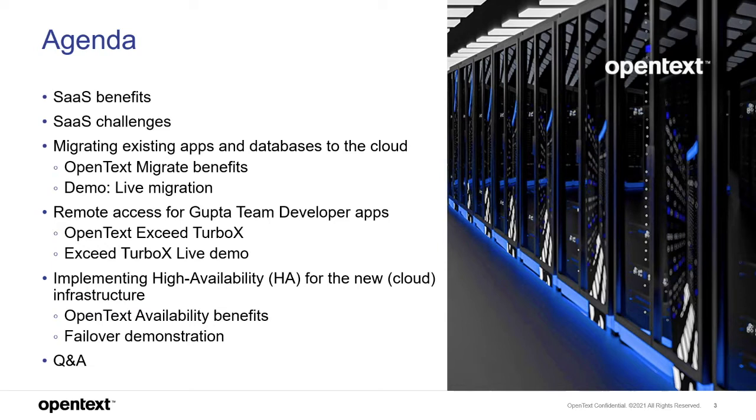Then we will move to remote access for Gupta Team Developer applications using OpenText Exceed TurboX, including a live demo again. And the third part of this webinar is implementing high availability for a cloud infrastructure using OpenText availability, using the failover functionality of availability.